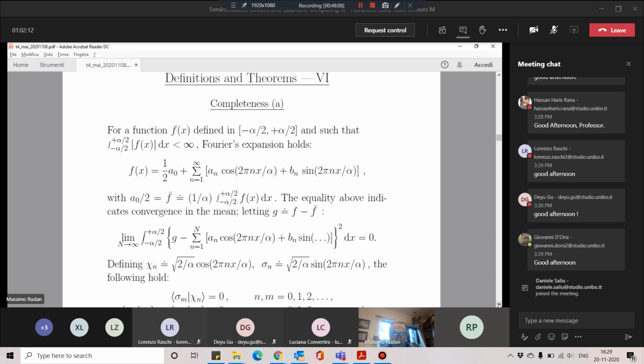So chi n is just a shorter symbol for the cosine times that coefficient. And in the same way, we introduce another symbol sigma sub n, that is sine of 2 pi nx over alpha times square root of 2 over alpha. So we have two sets of functions, chi and sigma.